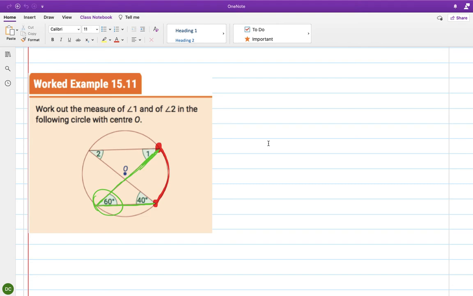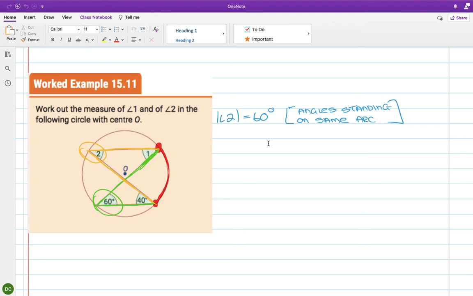And then starting at the exact same arc and continuing all the way to the circumference, I get 2. So angle 2 equals 60 because they are angles standing on the same arc.